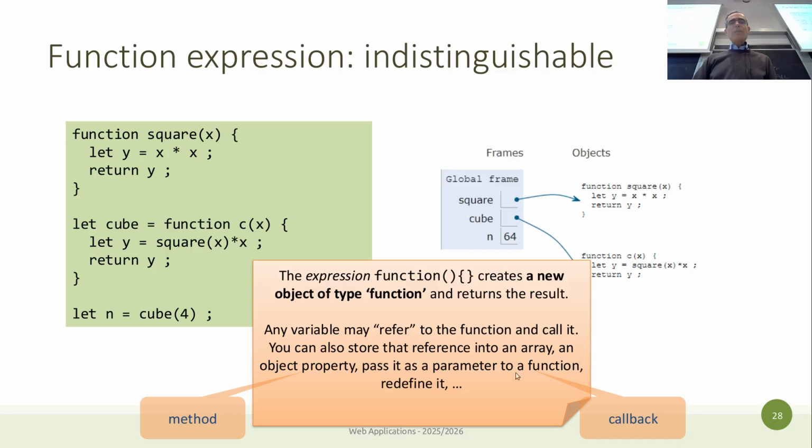If you pass it as a parameter to a function, we use this terminology that is used in other languages as well. So it's still a function, nothing has changed, but we typically call it a callback. So it's a function that has to be called back by the function to which we pass it. We will do it so many times here in JavaScript in the rest of this course because JavaScript works in this way.